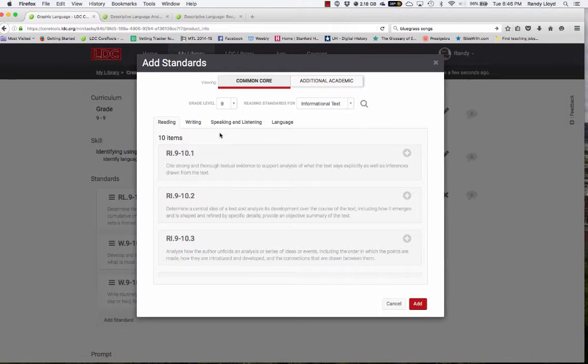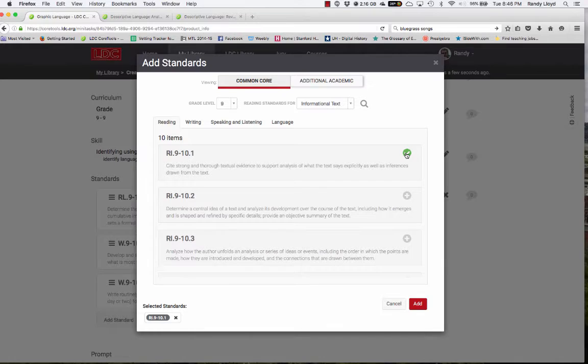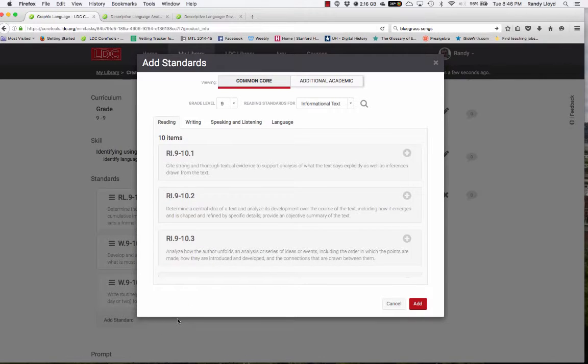And I could click through the 9th grade standards, 9 and 12, for reading and for writing, and simply click on them and put them in. I don't really want that one. And it made that change really easy for me to do.